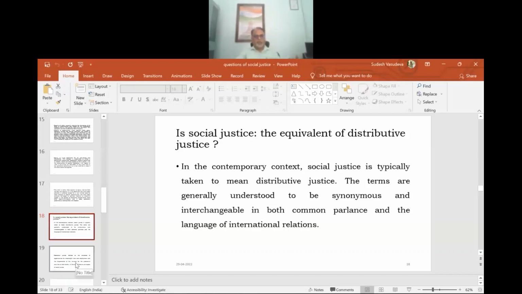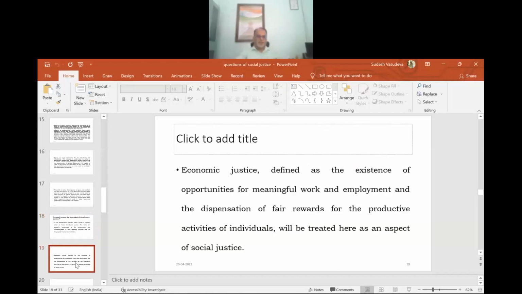Now, coming to economic justice, whether we can consider economic justice as a component of social justice is another question.